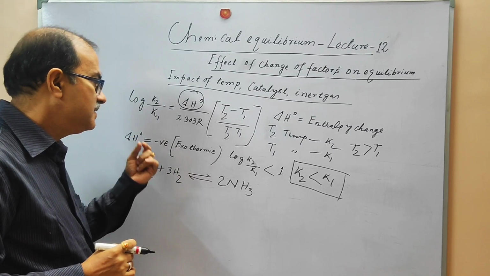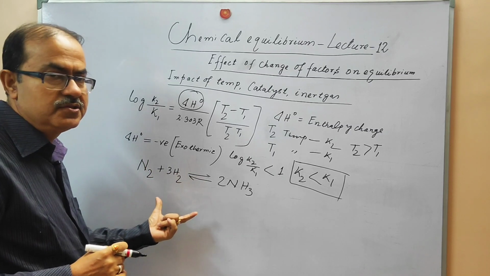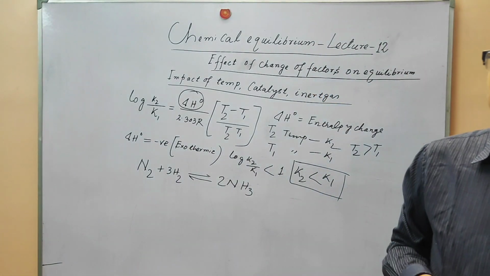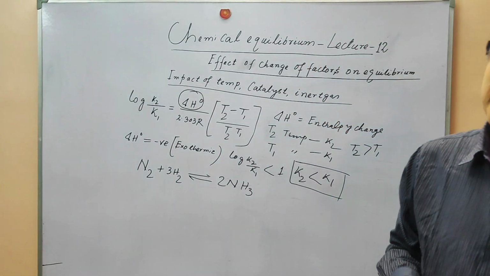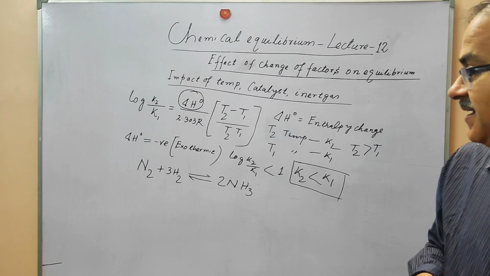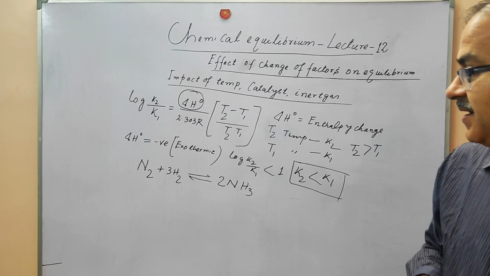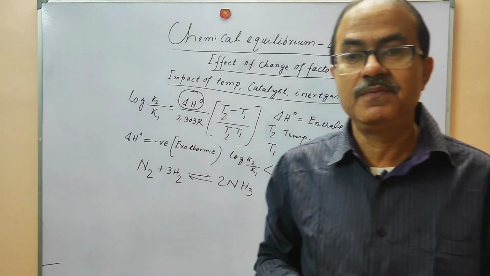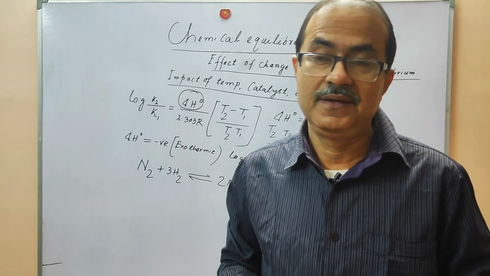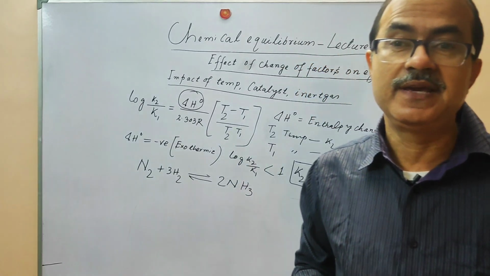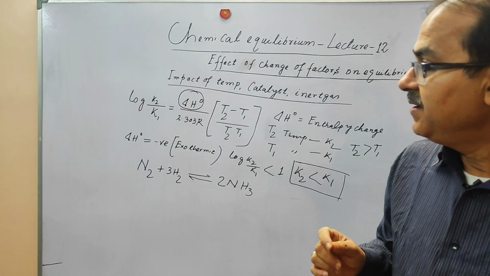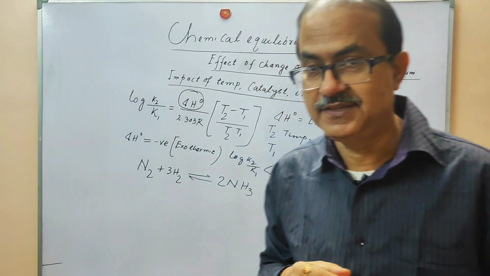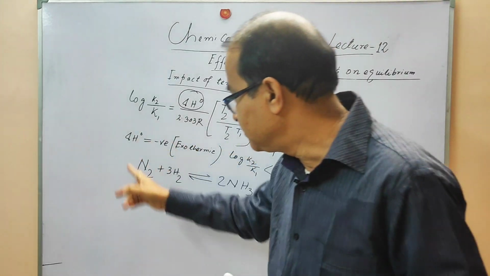So when we increase the temperature for this synthesis of ammonia, the concentration of product will decrease. If we maintain the temperature of the reaction as low as possible, it will take a longer time to reach equilibrium. That is why a catalyst is employed in this exothermic reaction.